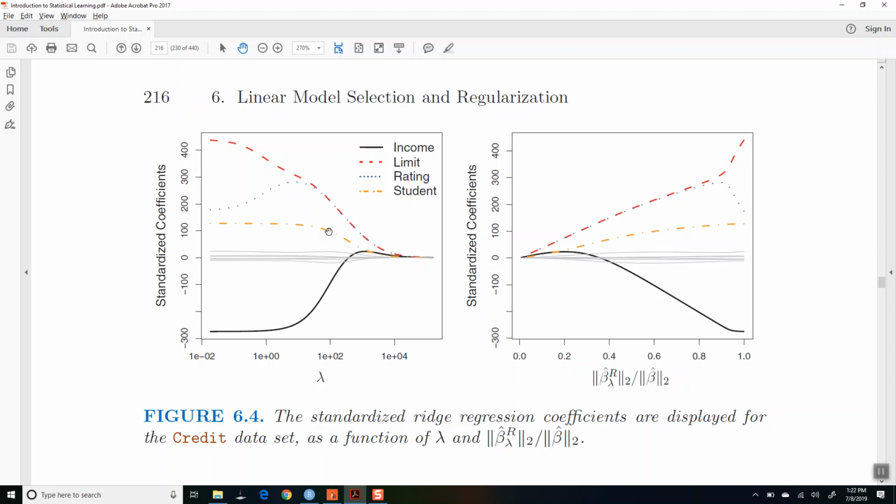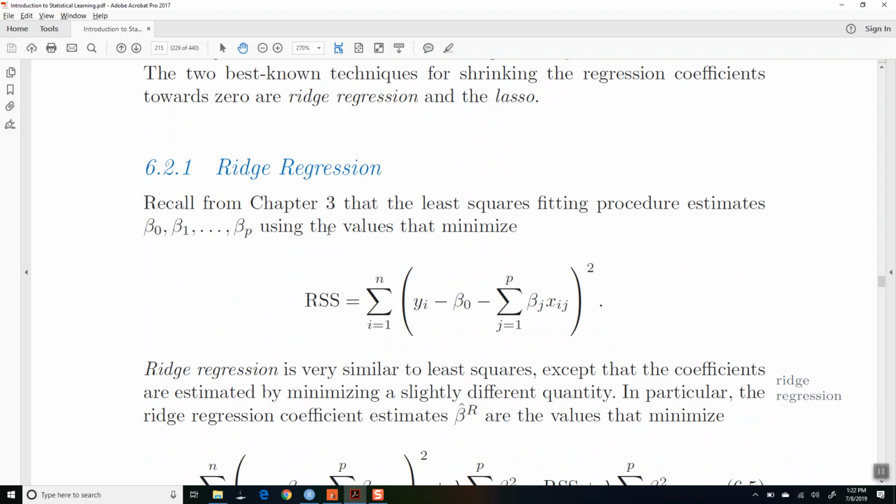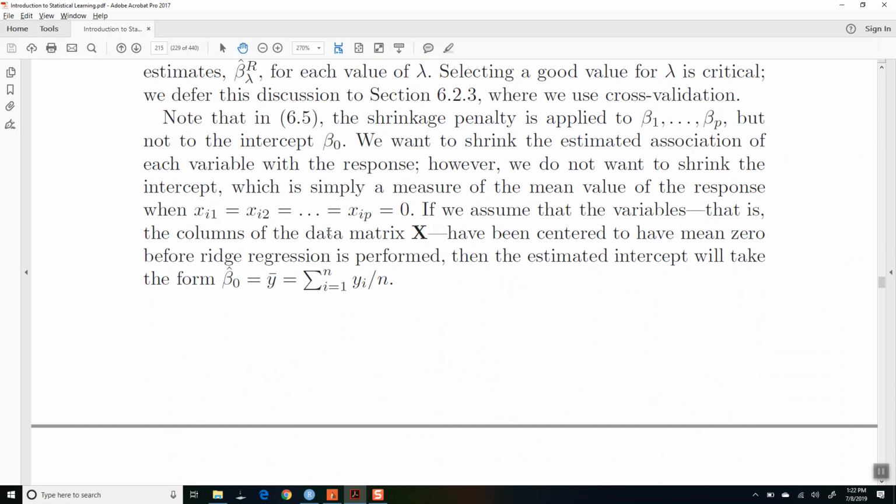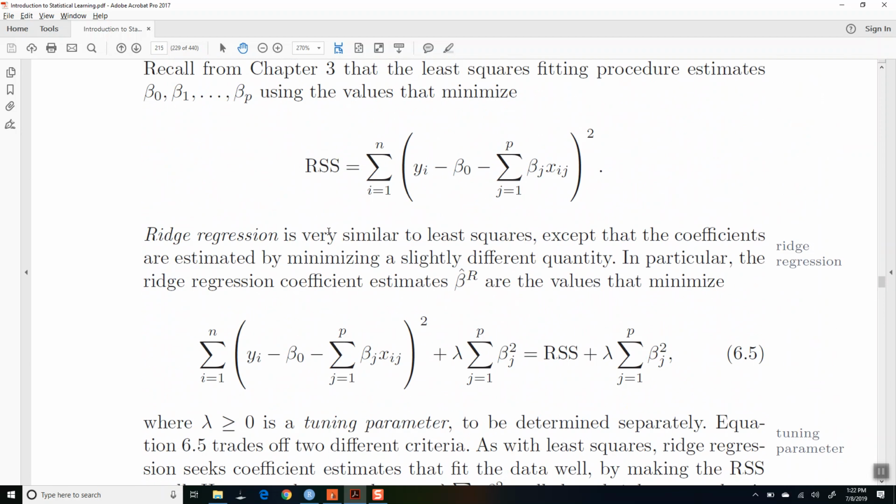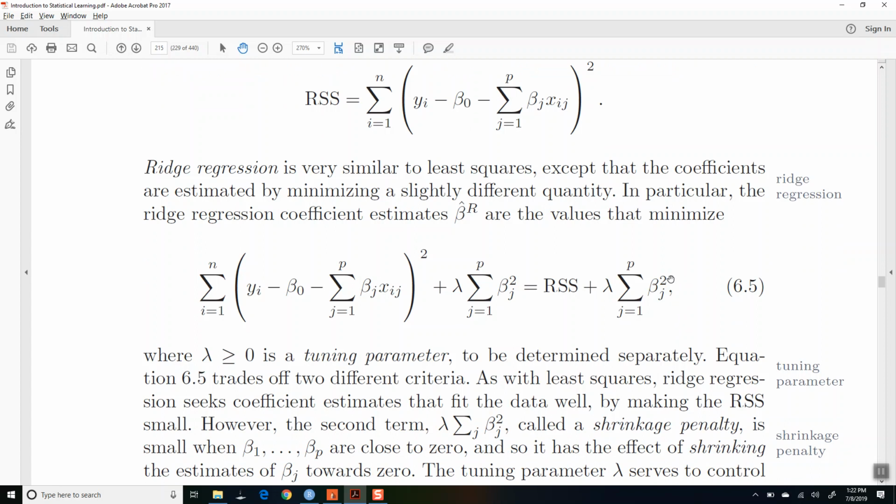But again, the big idea with ridge regression is that we're no longer minimizing just the RSS, but we're also tacking on this penalty for having big betas, okay? We call this the shrinkage penalty, okay?